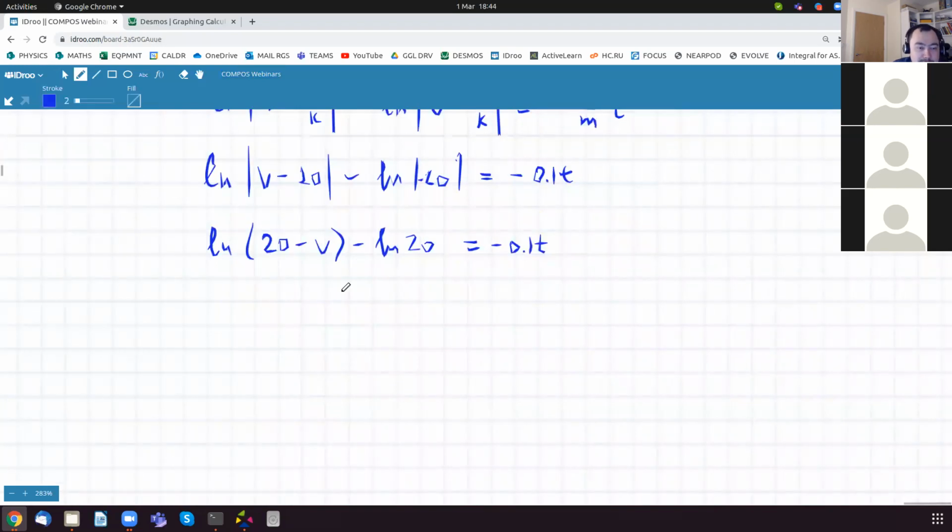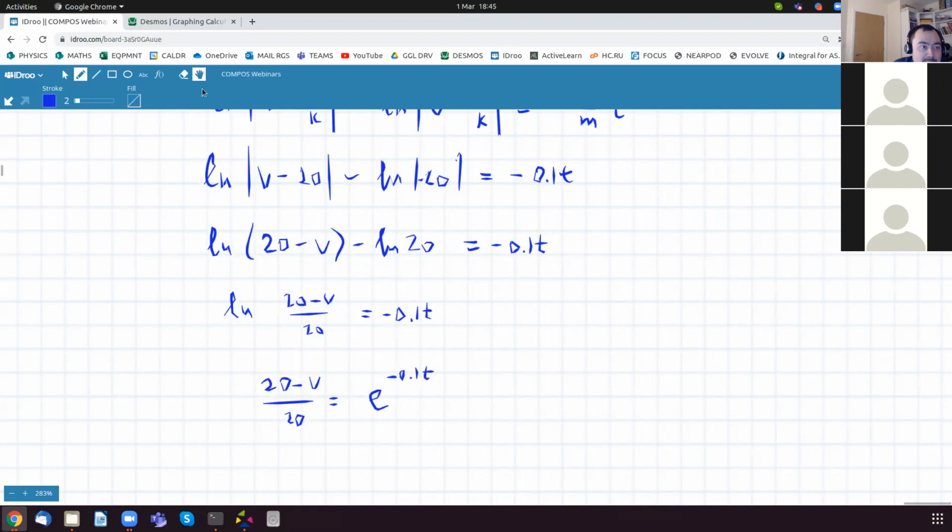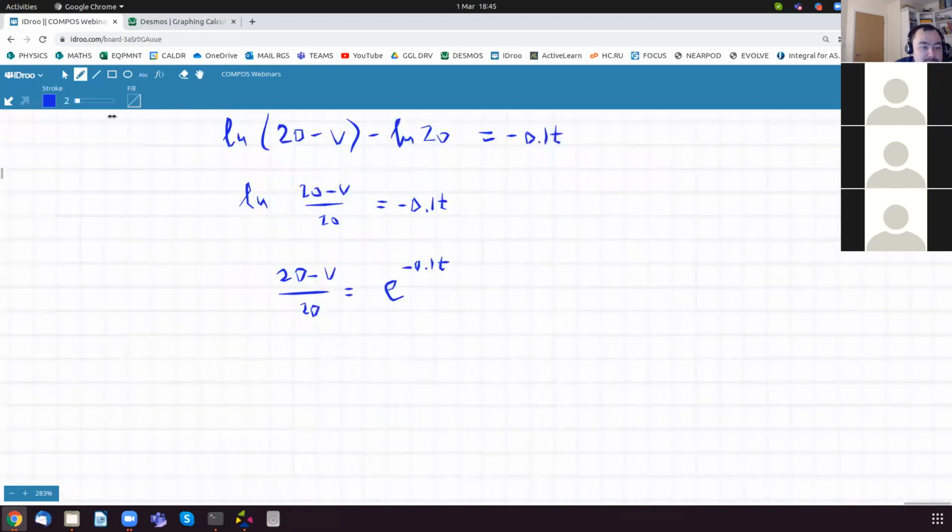I put the two logarithms together. I get logarithm of (20 minus v) over 20 is equal to minus 0.1 t. So (20 minus v) over 20 equals e to the power minus 0.1 t. Then I get 20 minus v is equal to 20 e to the power minus 0.1 t.